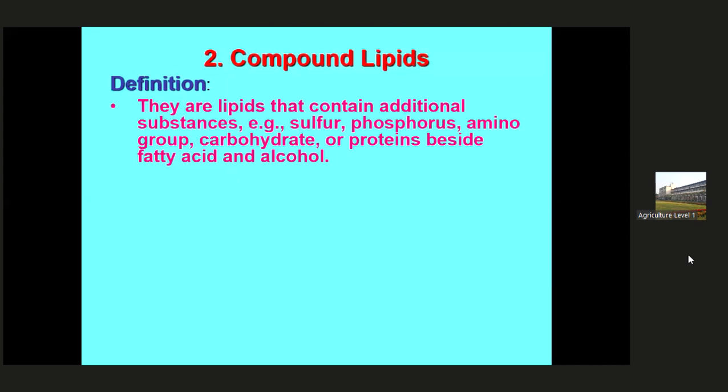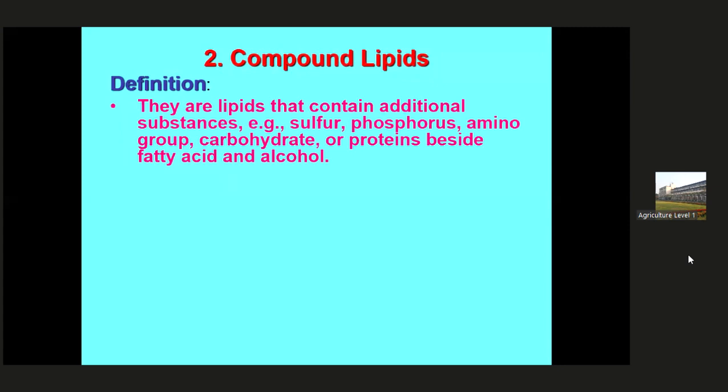So fatty acid and alcohol or glycerol, this is the least properties, minimum properties of the compound to be a lipid. And besides this fatty acid and alcohol or glycerol, if other components are added to this simple structure of the lipid, then the lipid will be called compound lipid.